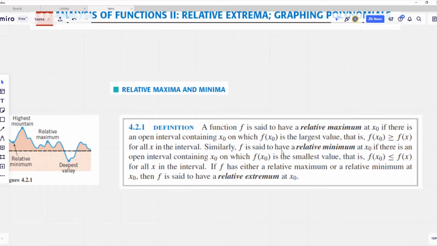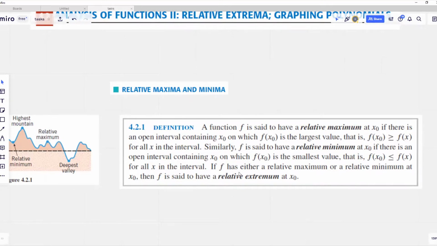Similarly, f is said to have a relative minimum at x0 if there is an open interval containing x0 on which f at x0 is the smallest value. That is, f at x0 is less or equal than f at x for all x in that open interval.